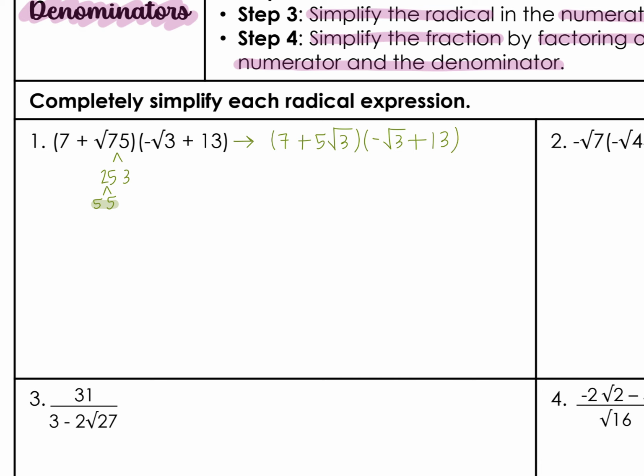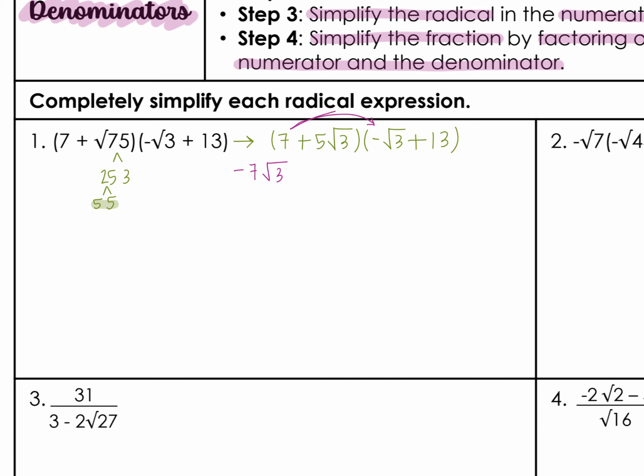All right, so now that we have that simplified, we see we have a binomial times a binomial. And so we are going to distribute by FOILing. Here I'm going to take that 7 times negative root 3, so I'm going to get negative 7 root 3.